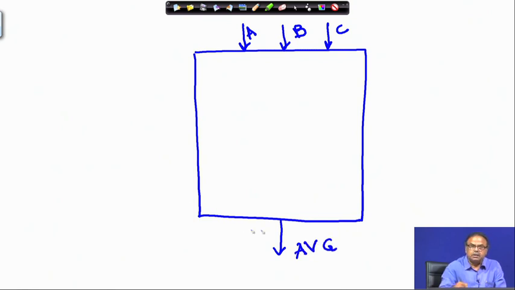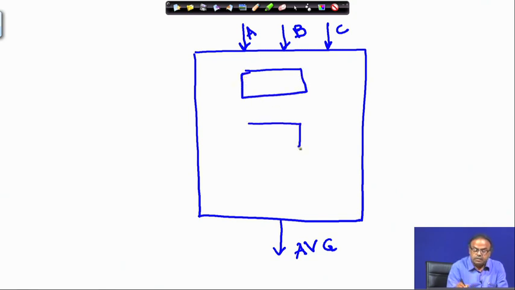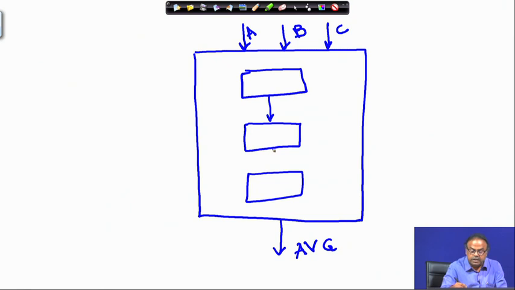Now, this is a machine, all right. It does something, takes some input and gives some output. Now, this entire machine can be built up with smaller sub machines, all right. And each of these sub machines can do some specific task.